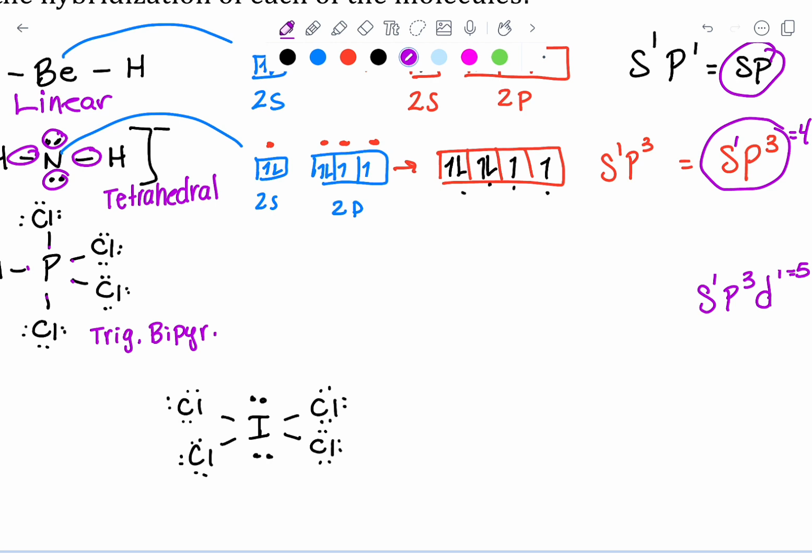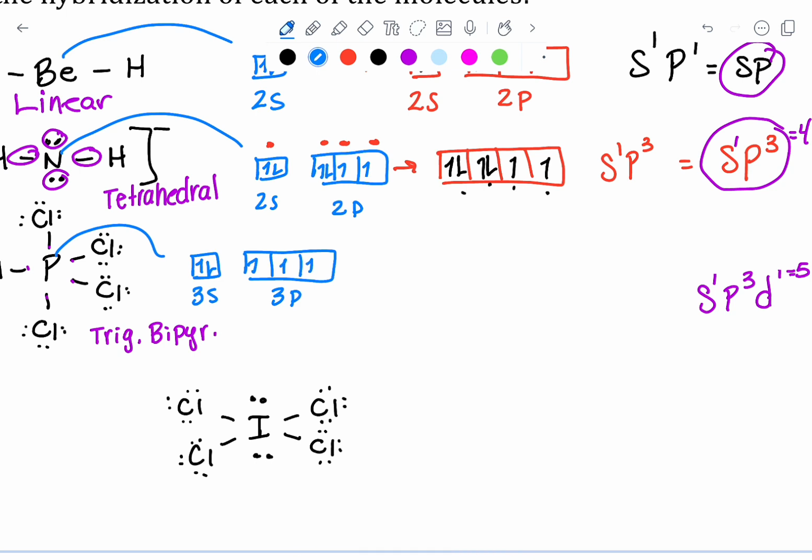Now let's prove that. We have phosphorus. Phosphorus has, similar to nitrogen, 3s, 3p, 2 in the s, and 3 in the p.